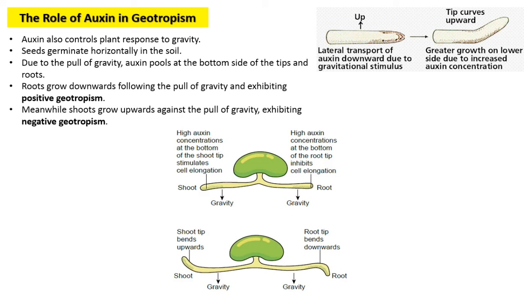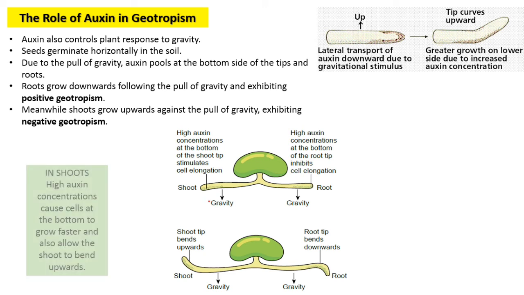Look at the picture. This is the seed germinating horizontally in the soil. Now look at the shoot. A high auxin concentration at the bottom makes the cells grow faster and allows the shoot to bend upwards.